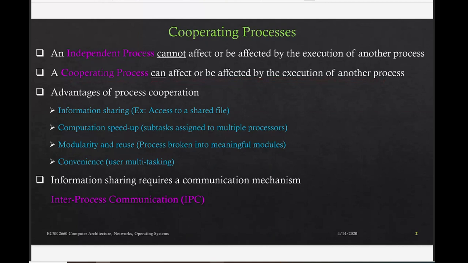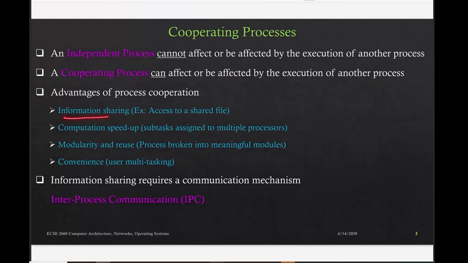So this could be a parent-child relationship, or these could be two processes that do not have a parent-child relationship, but they are cooperating, which means that they can affect change between each other. So all the processes and the classification we will look at today fall under the category of processes that are cooperating.